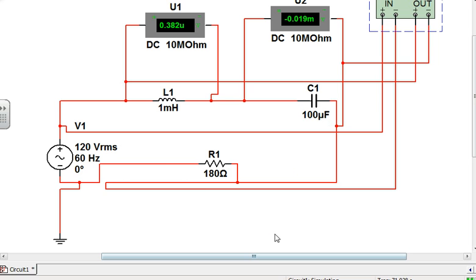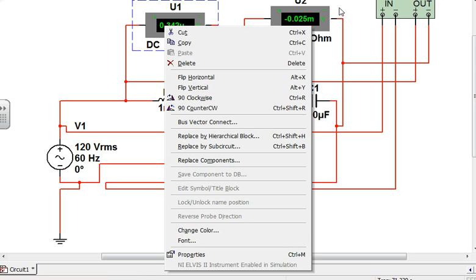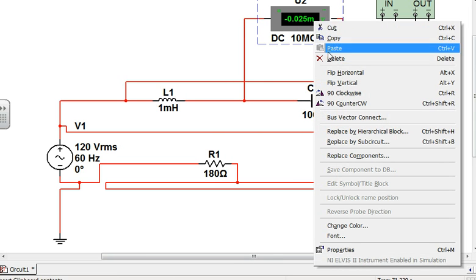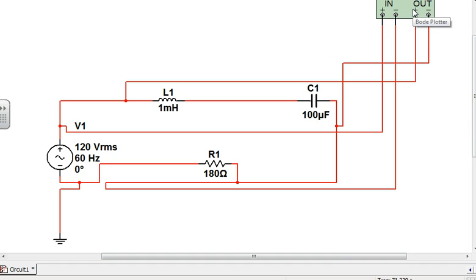All right, so we're in Multisim, and we'll get rid of this guy, and this guy, and that guy. Why can't I get rid of him?